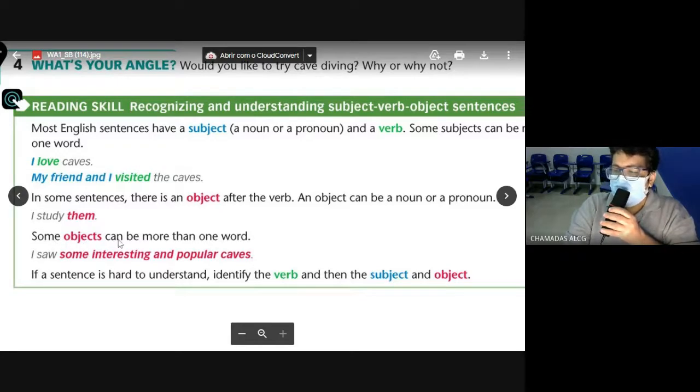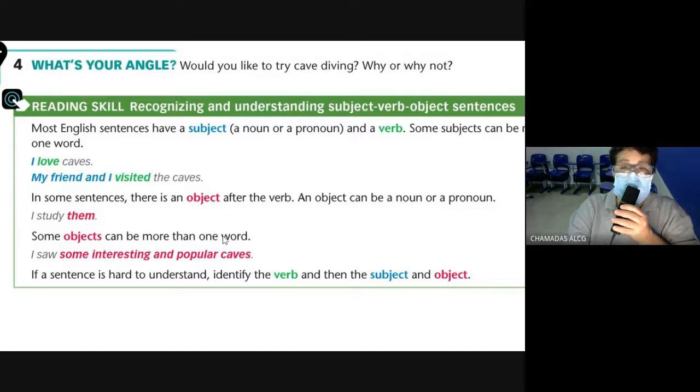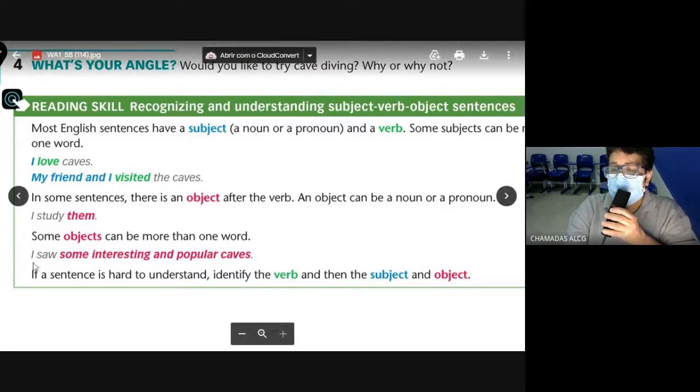Some objects can be more than one word. Example, I saw some interesting and popular caves, so they come after the verb. So what did I see? Some interesting and popular caves.